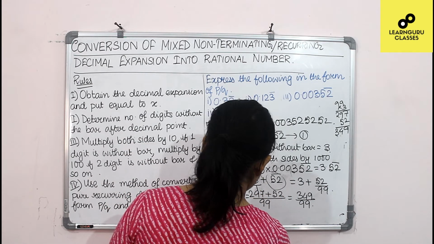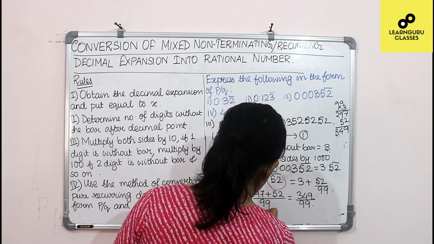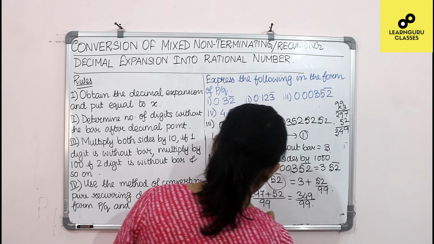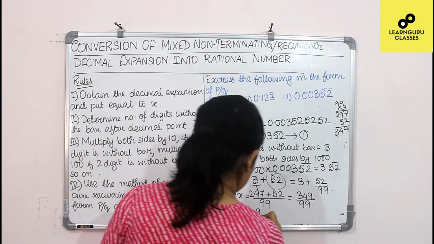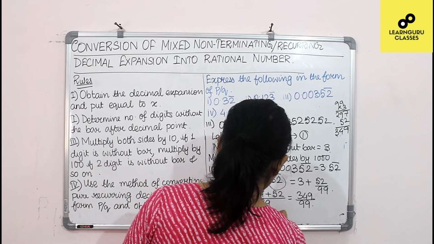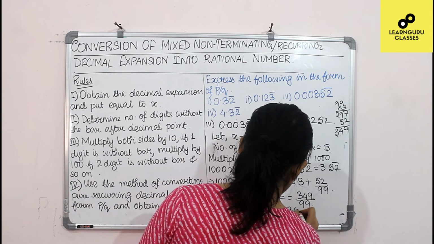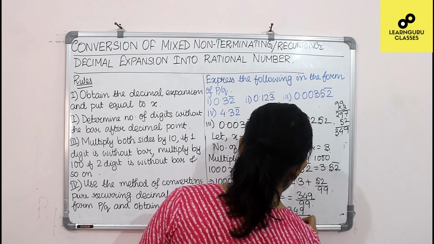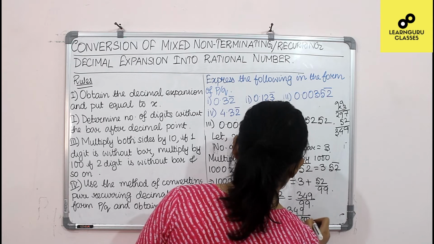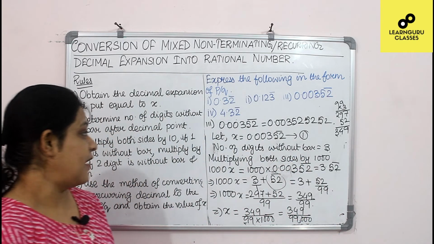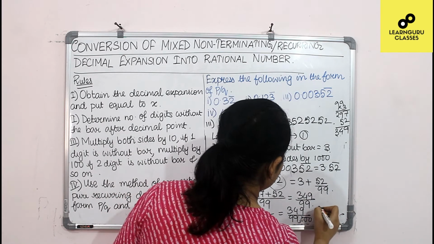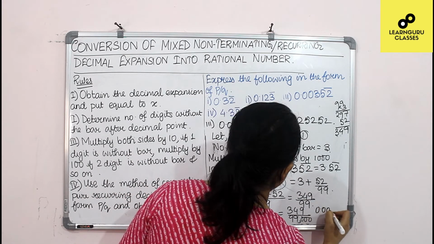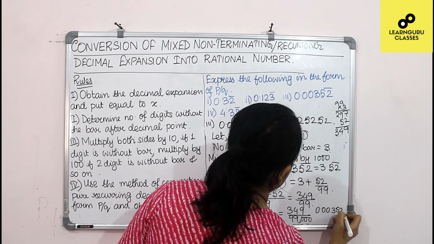So x equal to 349 divided by 99, and we will cross multiply the coefficient of x, 1000. So what will you write? 349 divided by 99,000 is the value of x, which is your 0.00352 bar.